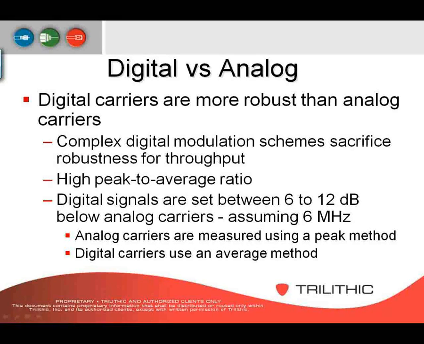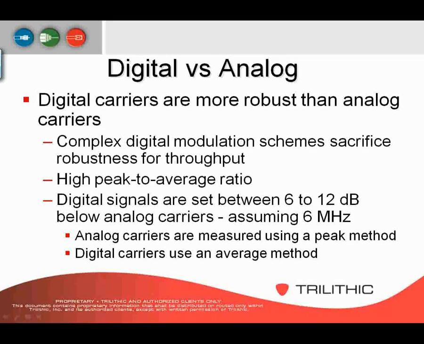Digital carriers are more robust than analog carriers. And complex digital modulation schemes sacrifice robustness for throughput. High peak-to-average ratio. Digital signals are set between 6 to 12 dB below analog carriers.